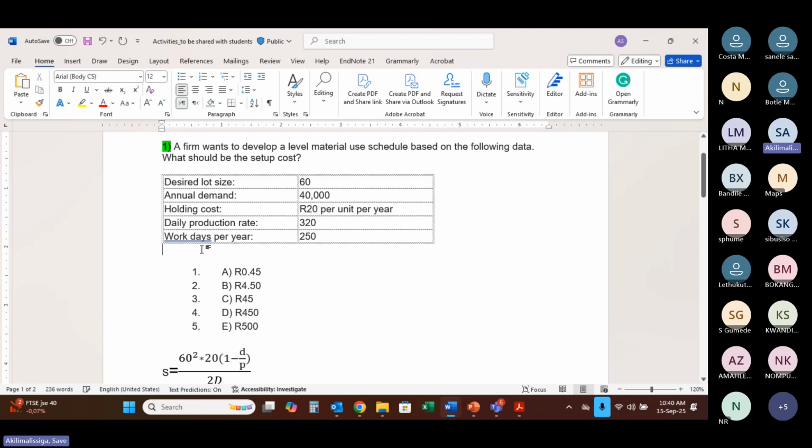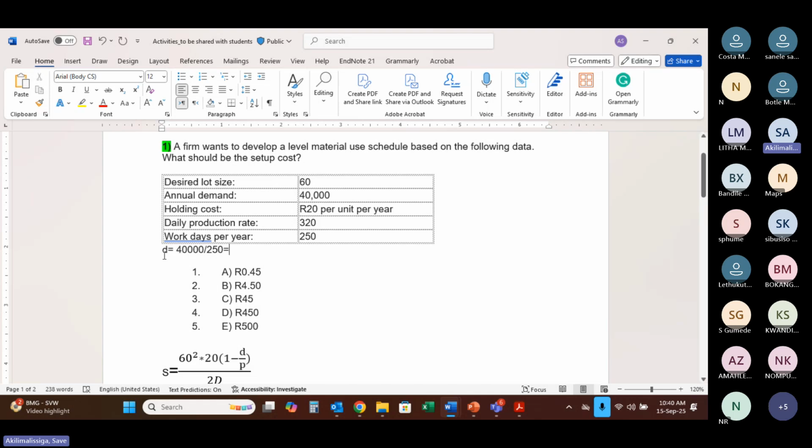So now the daily demand in this case, or small d, will be, we're gonna take the annual demand, right? So 40,000 divided by the number of days that the company operates per year. So that is 250.